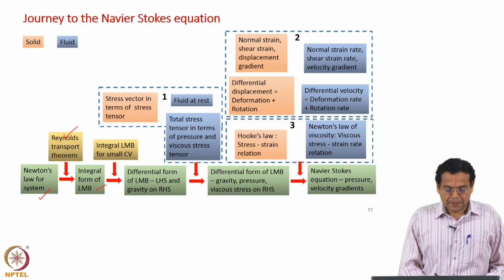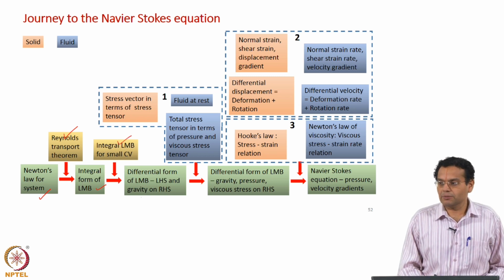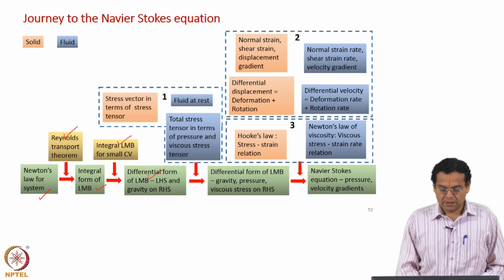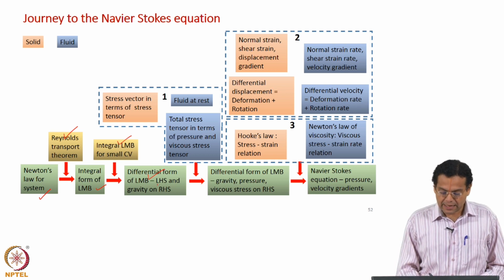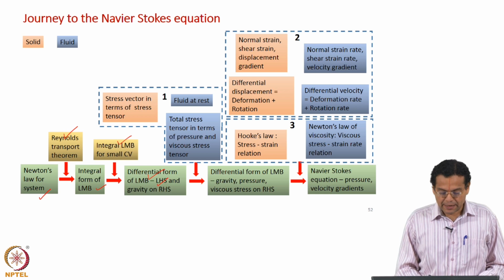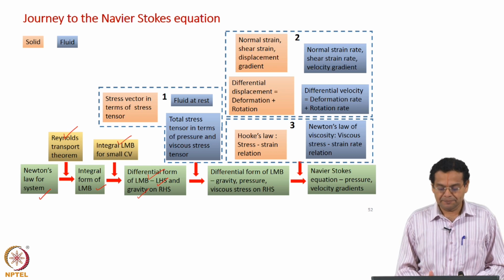Now, we use the integral linear momentum balance for a small control volume, that is what we have discussed in the last few slides, and then derived the differential form of linear momentum balance, not the complete form. What we have derived is the left hand side, which was almost similar to our mass balance, that is why we could derive that, and then we consider only the body force on the right hand side, which is the gravity. That is where we stand.